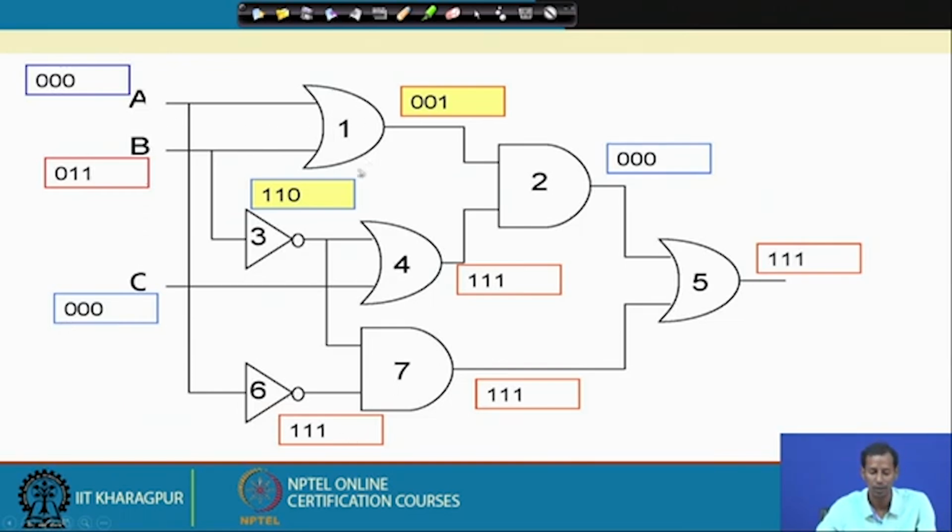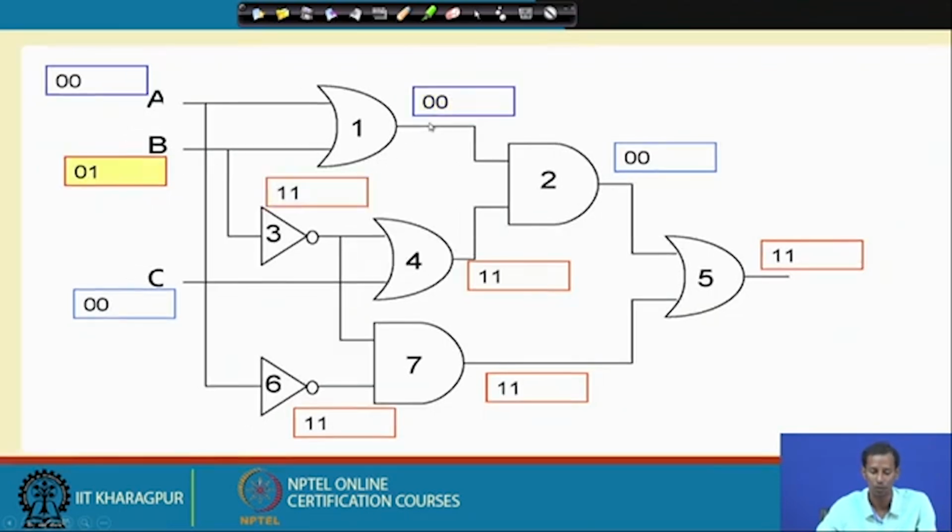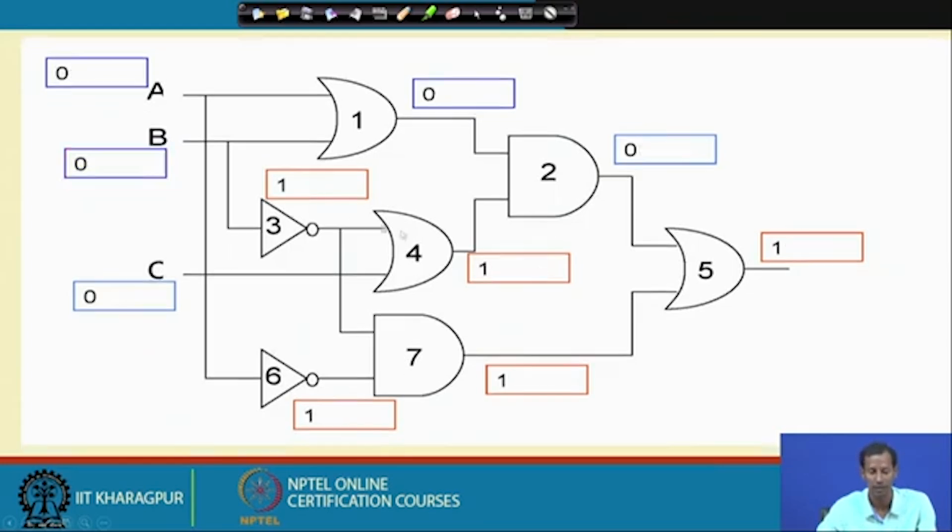So, at this particular point what will it get? It will get 0 0 1. Why 0 0? Because this gate also has some delay. So initially this 0 passes through 0 0, with 1 1 here and 1 1 here, considering that.